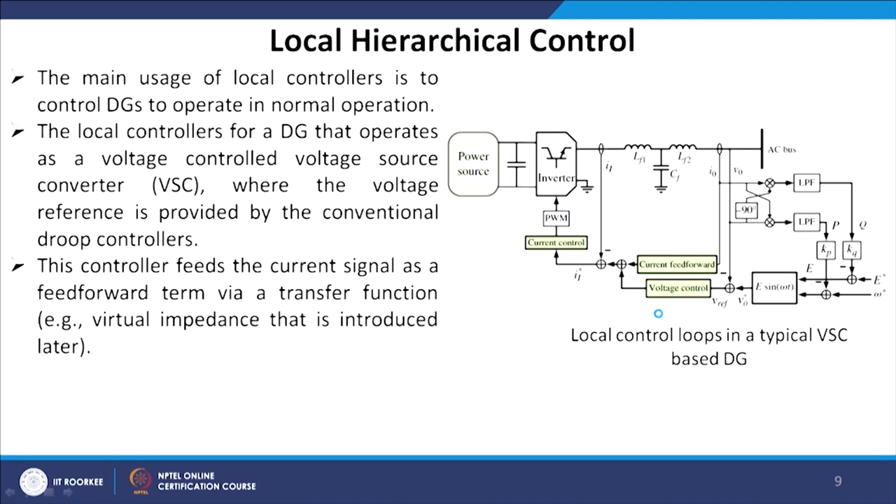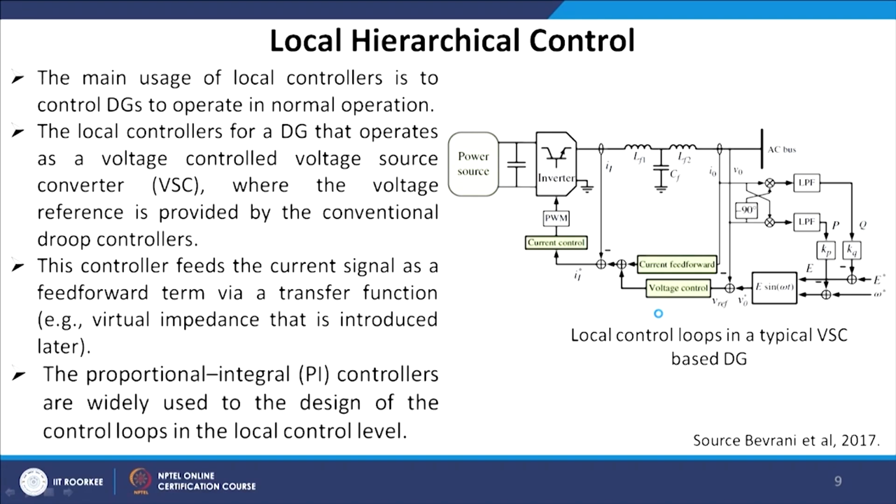This controller feeds the current signal as a feed forward term via a transfer function, that is virtual impedance, that will be introduced later in this course. The proportional integral PI controllers are widely used in the design of the control loops at the local control level.